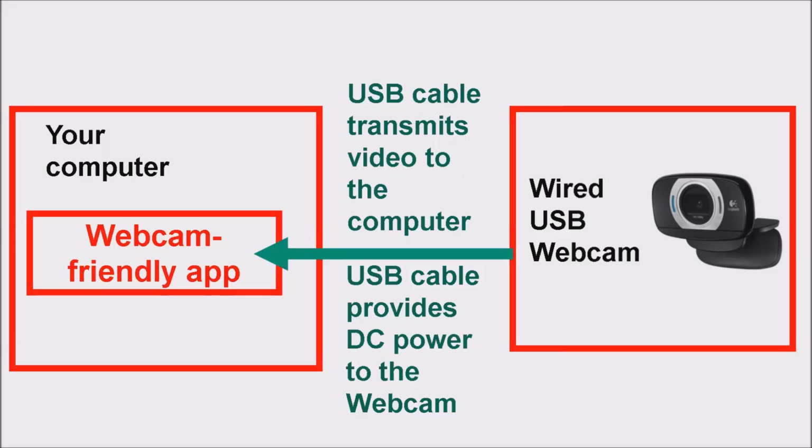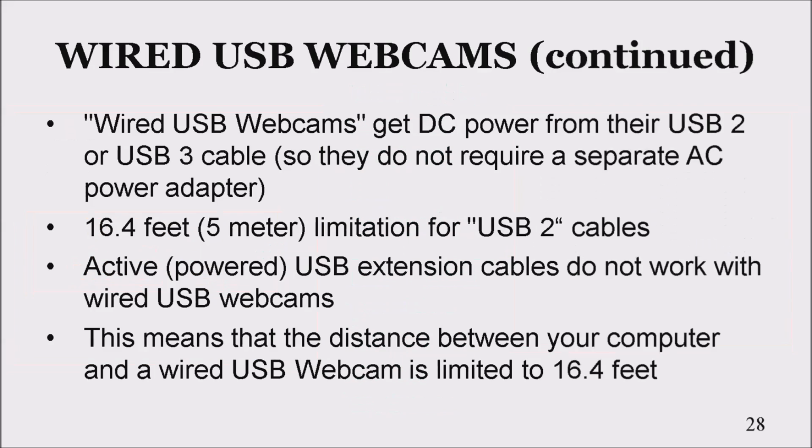The webcam sends its signal into your computer through the USB cable, and it draws DC power from the USB port. So there are no additional wires attached to it. So this is simple, right?